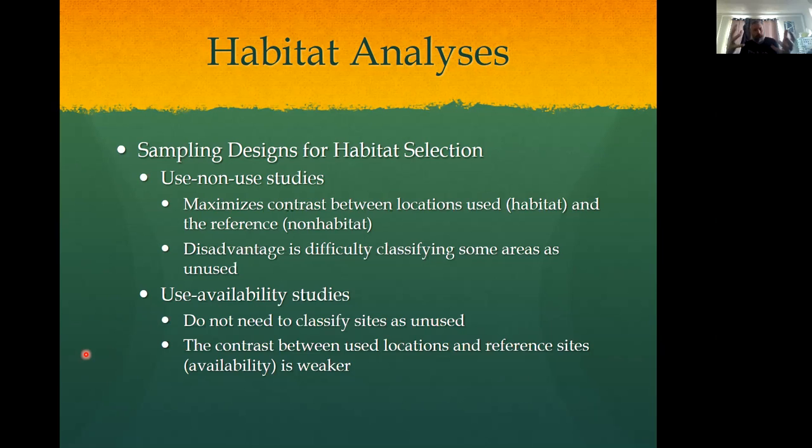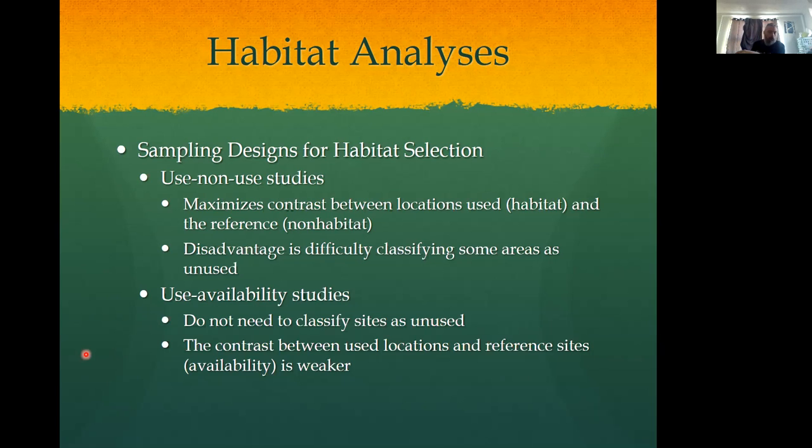A little bit squishier of an idea is what we call a use availability study. And the beauty of a use availability study is that we don't have to say that an animal is not using this area. We say of the areas that animals are, where are they spending their time? They might be walking through here, but if we catch them there, they're there. It's habitat, okay?